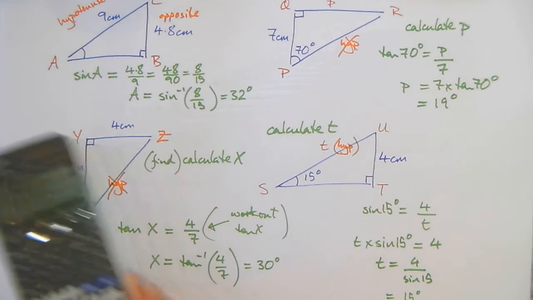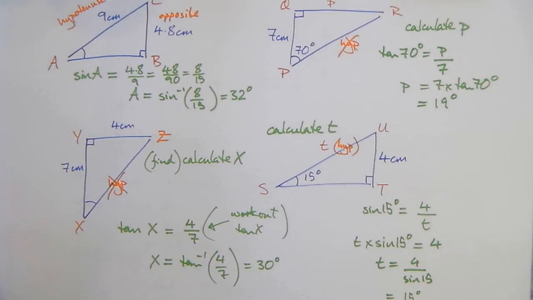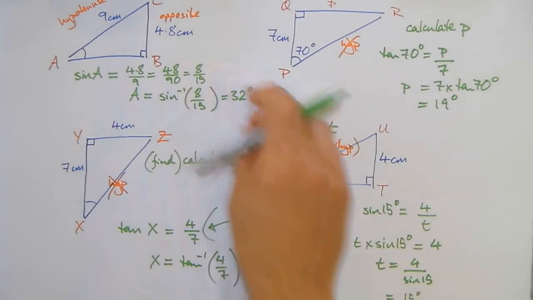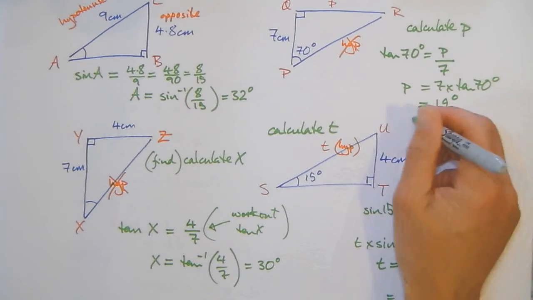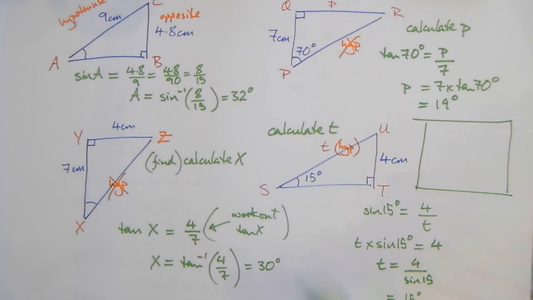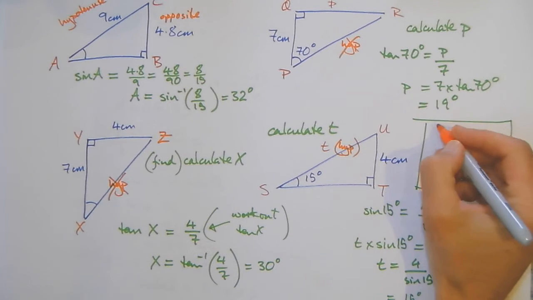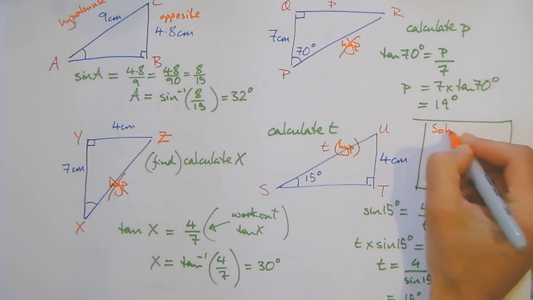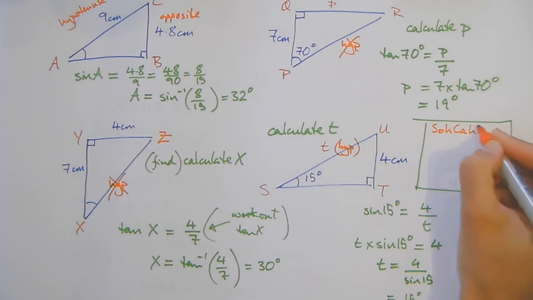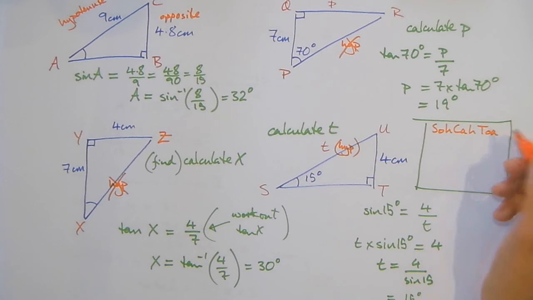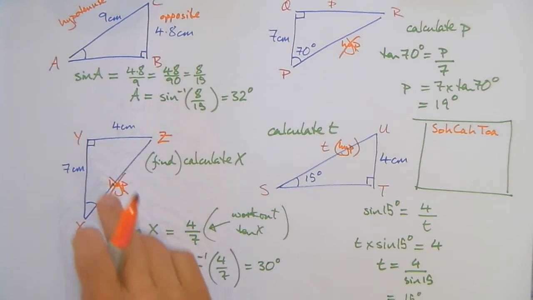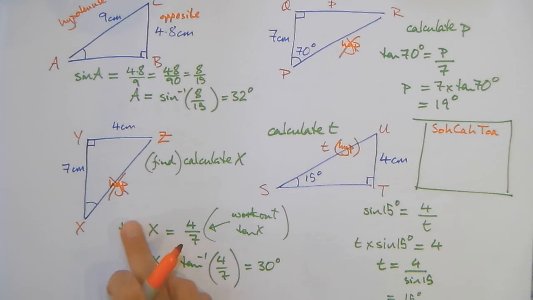Right then, that's a very quick look at the trigonometry. Things you may now want to look up in the notes your teachers gave you. Some of your teachers would have mentioned that mnemonic, or a way of remembering when you use sine, when you use tan, and when you use cosine.